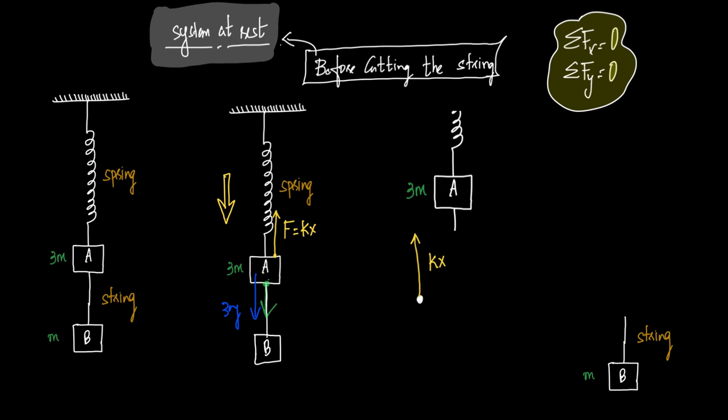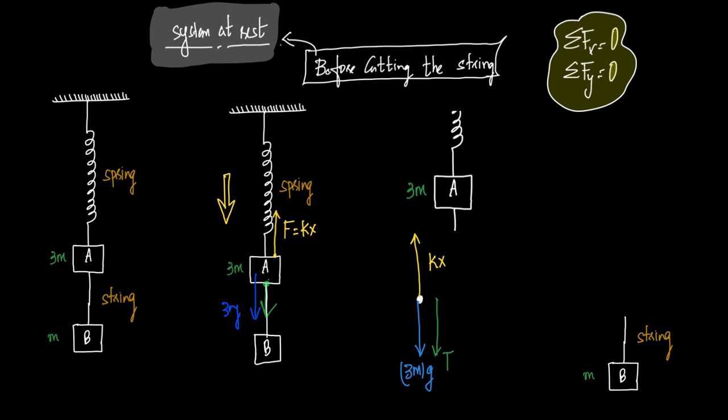We have the weight of the body acting downwards, which is 3m into g. And then we also have tension along the string connecting A and B, acting away from the point of contact.